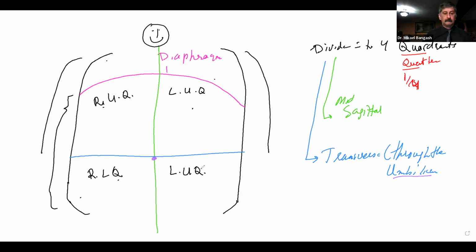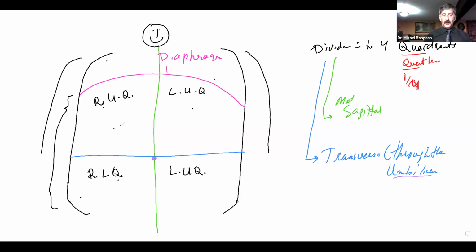Did you guys get that? So first, how do we divide it into the 4 quadrants? Mainly by drawing 2 lines. One runs along the sagittal plane, which is going to be mid-sagittal, and one right through the umbilicus or your belly button along the transverse plane.